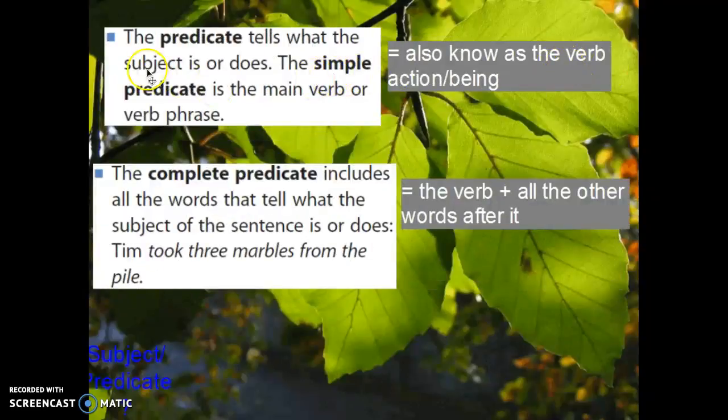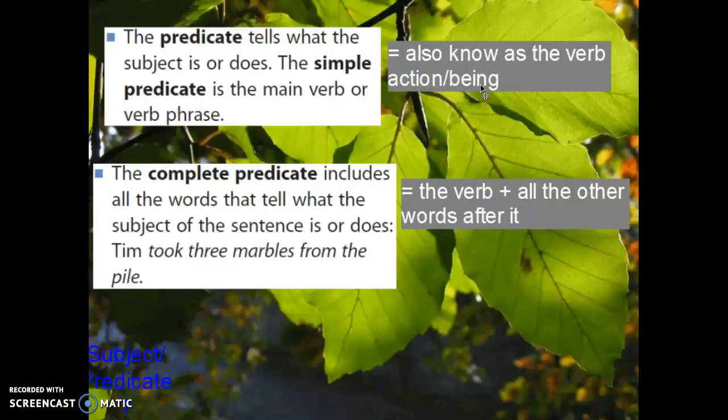Another part of a complete sentence is the predicate. The predicate is also known as the verb, boys and girls, and it tells what the subject is or does. The simple predicate is the main verb, or the verb phrase. So known as the verb, it could be an action word like walk, run.